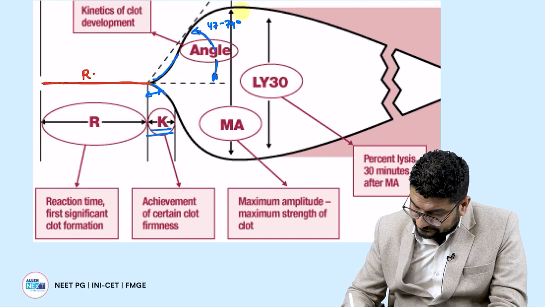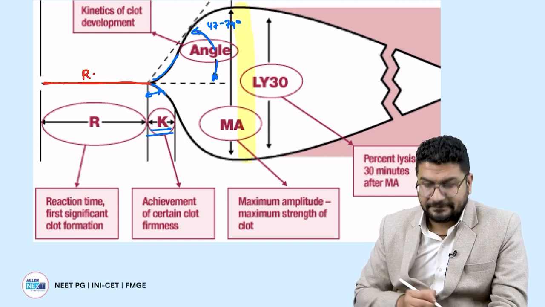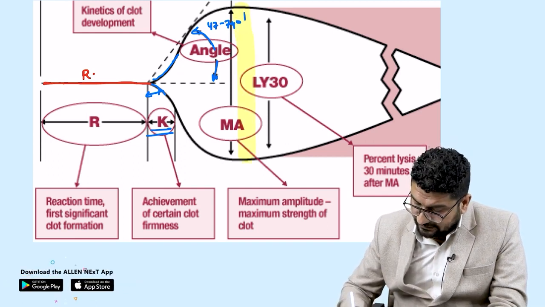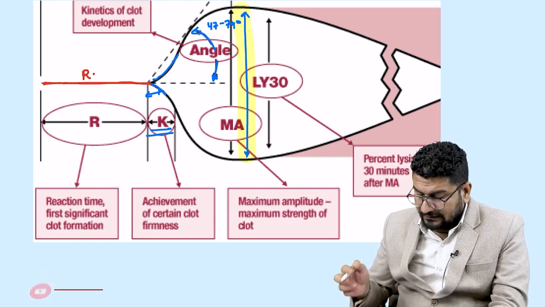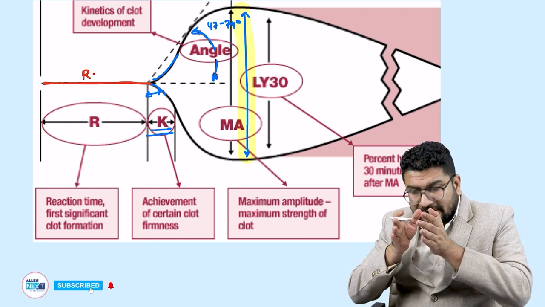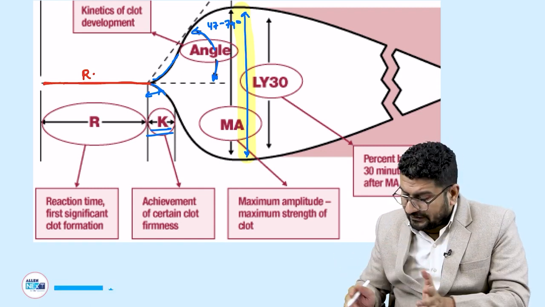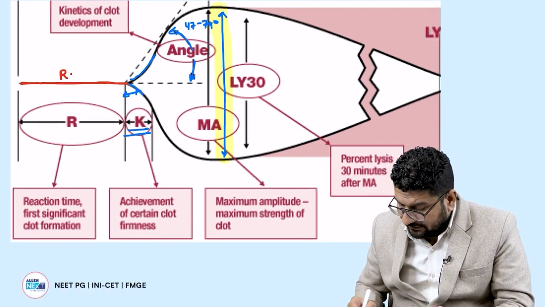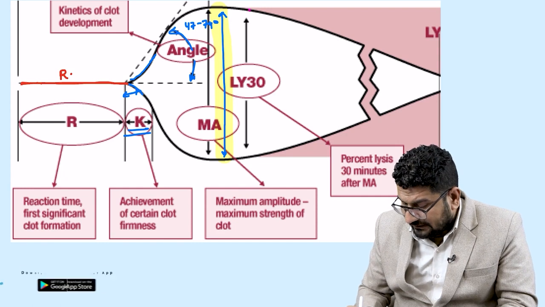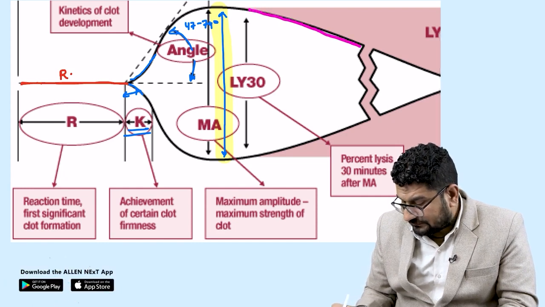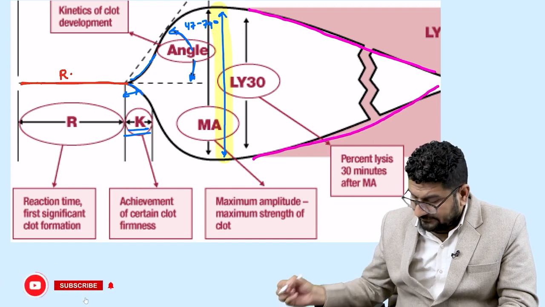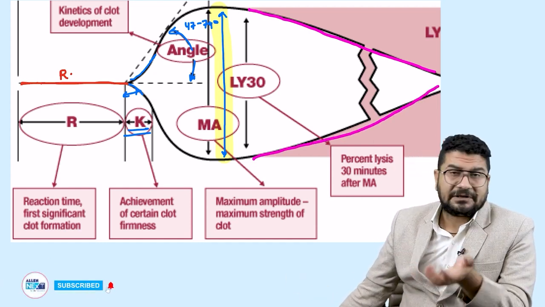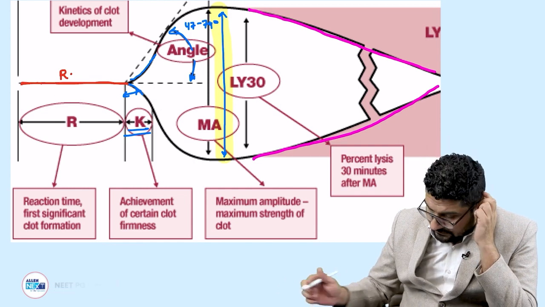This maximal height is what we call maximal amplitude or maximum deviation of tracing. Then you will notice the clot that formed will now start lysing. The tail, you can notice from here onwards, starts regressing. This tail is called Ly30, which means it is seen 30 minutes after maximum amplitude. Is this clear?